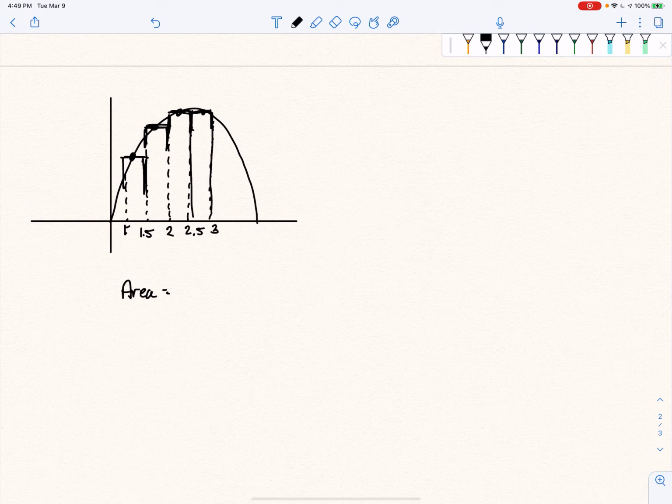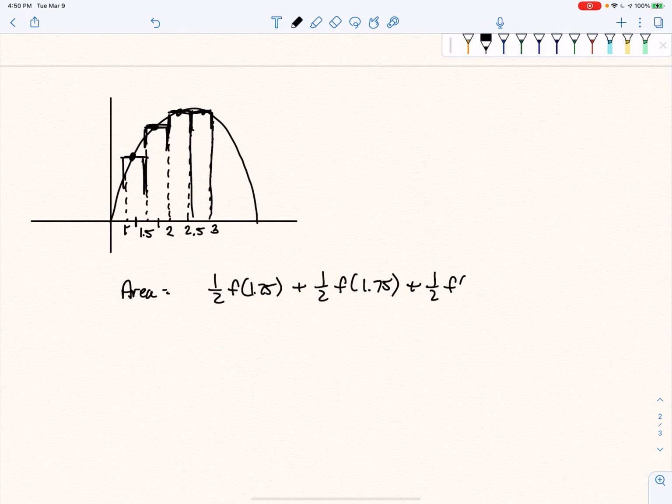Well, it's 1/2 f of, now, what is this value right here between 1 and 1.5? It is 1.25. And then what is the next one? Well, it should be 0.5 away, so that should be 1.75, and it is, halfway between 1.5 and 2.